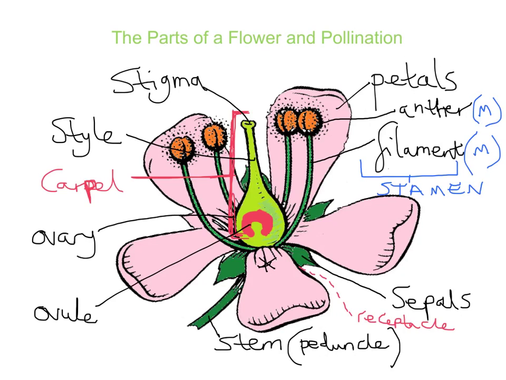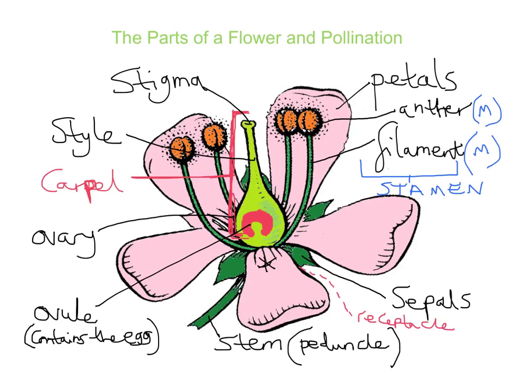It's a section of the ovary called the ovule, and it has the egg. So the egg cell that is to be fertilised is within that ovule, which is part of the ovary. So we have the female parts there.